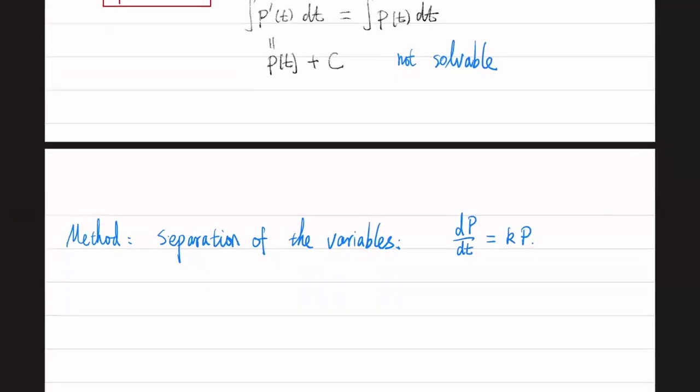Now we have two variables, the independent variable t and the dependent variable p.